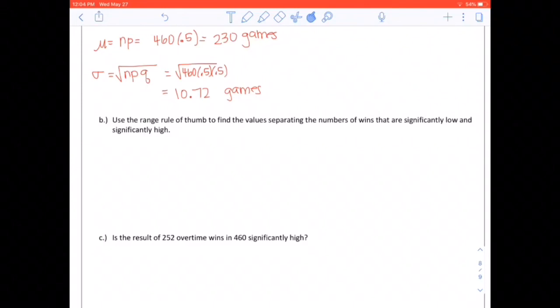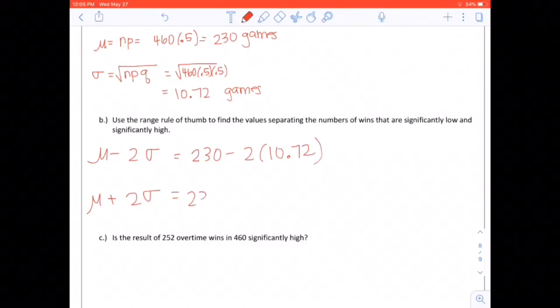Significantly high values are going to be mu plus 2 sigma. And substituting in what we had up above, we had a mean of 230 minus 2 times 10.72, and then 230 plus 2 times 10.72.